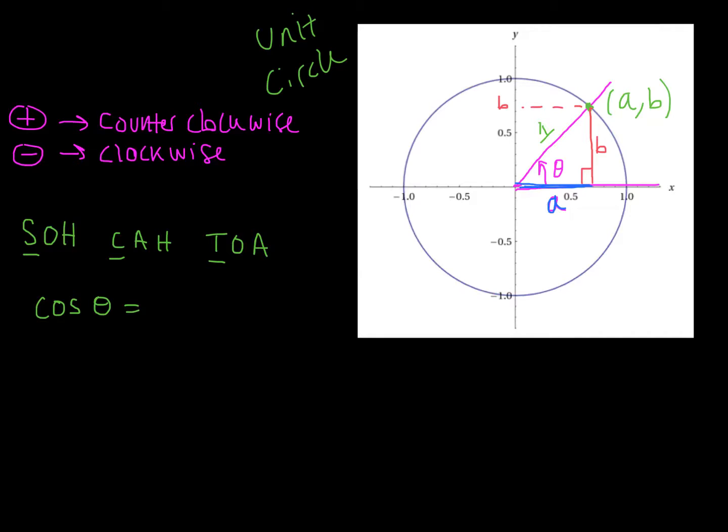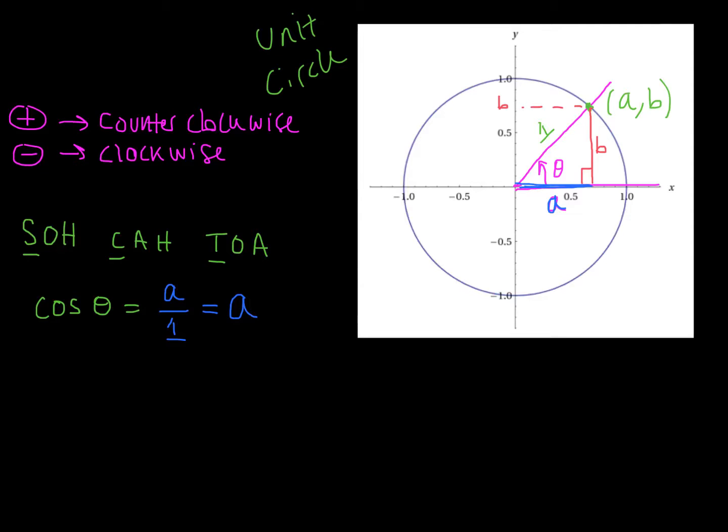The adjacent is side length A, and the hypotenuse is 1. And that is very nice, because that means that cosine theta is simply A. So cosine of our angle is the x-coordinate.